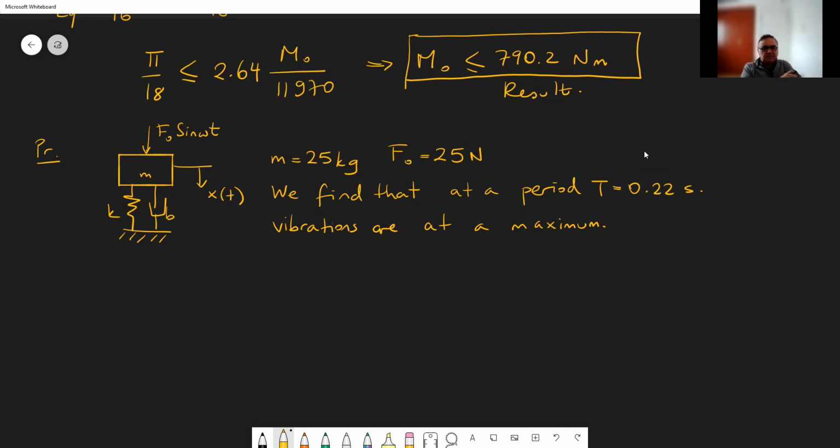The maximum vibrations occur at a forcing period of 0.22 seconds, and the maximum amplitude is 1.3 millimeters. And we want to find the equivalent spring constant of this system, K rather, not K equivalent, but K, and the damping ratio for this system.